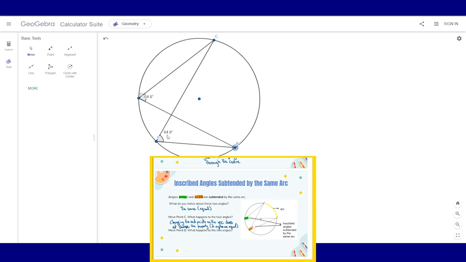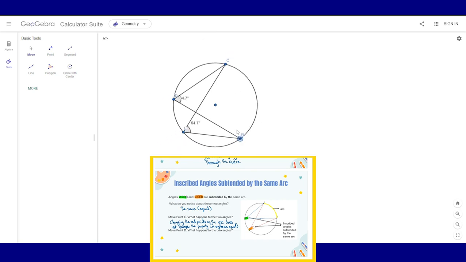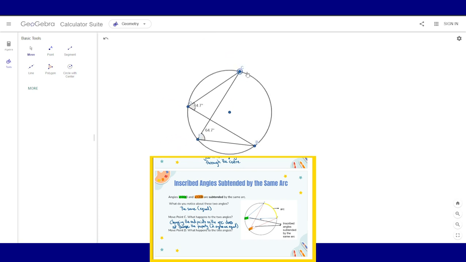Now the next part is, what happens if I change point D? So if I move point D or point E, let me just move this up a bit. Moving point D or E does not change the angle at all. So while moving the endpoints on the arc does change what the actual angles are, it doesn't change the property in that they're equal.